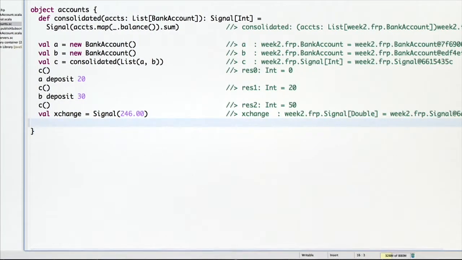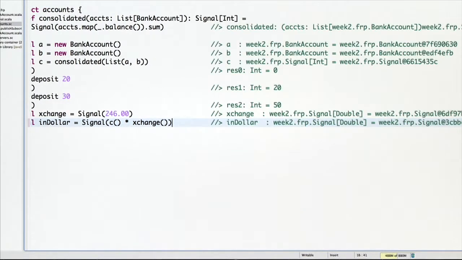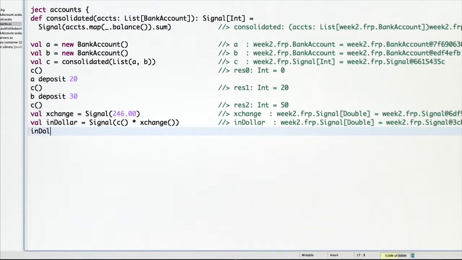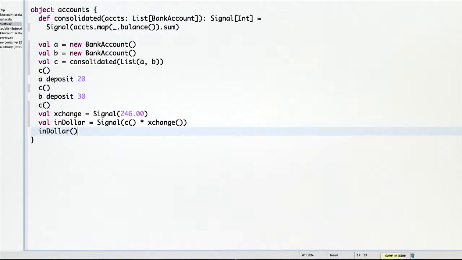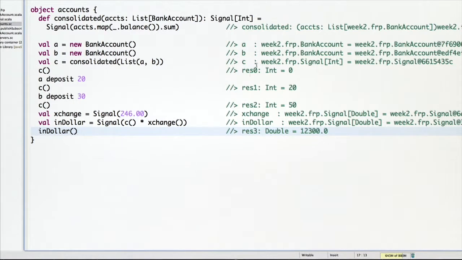And let's say our total sum in dollars is then what we had before, the signal that takes C times the signal exchange rate. And now we would have a different signal in dollar which has this value here.